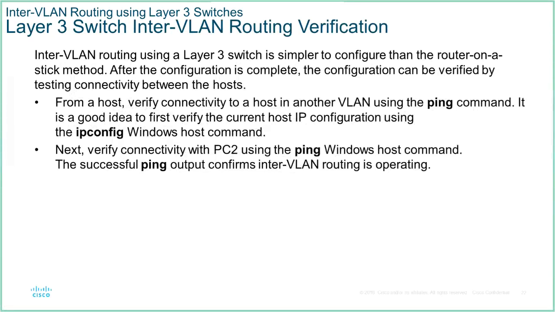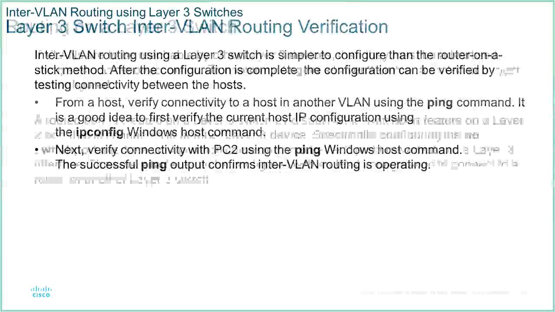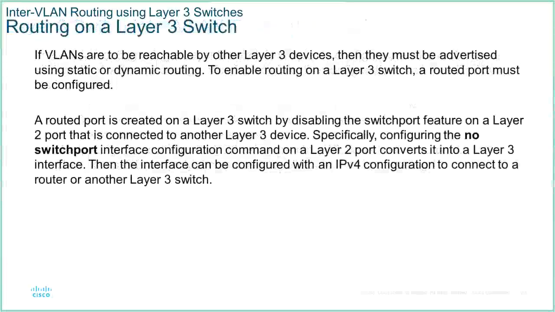We only need to configure an interface as a layer 3 interface when we connect an interface to a router. It's not essential for inter-VLAN routing. But the commands you need to create that layer 3 interface is you go to the port with the interface command.